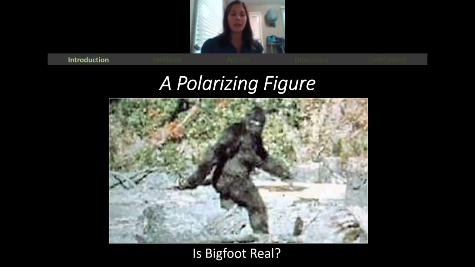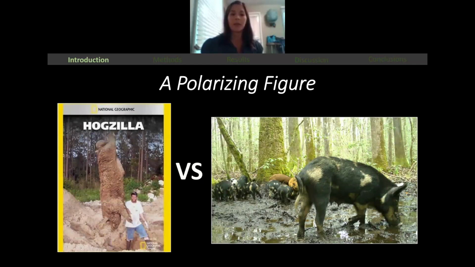And wild pigs are also this polarizing figure. People have very strong opinions about them that go along a spectrum, but also to the extremes. So you've got some people that really like to hunt wild pigs, and so they are the second most popular hunted species in the US behind white-tailed deer. And some states actually have a legal designation for wild pigs as game species.